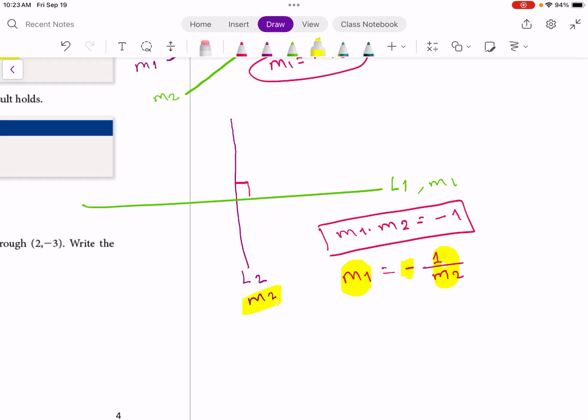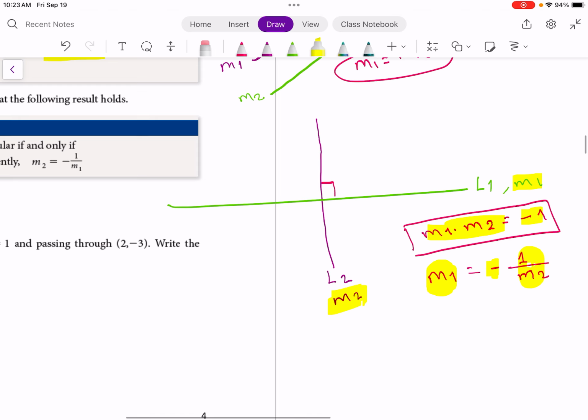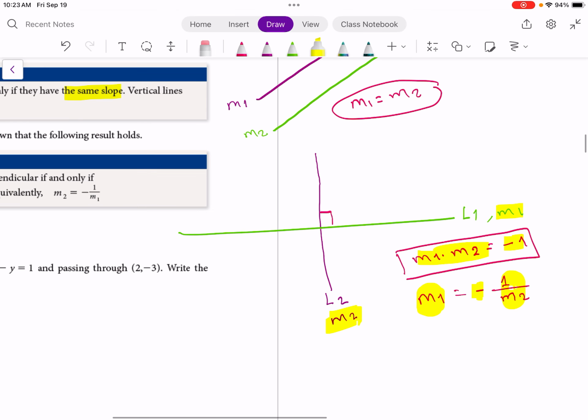Reciprocal means you switch the numerator and denominator. So this is one way to know. Or when you multiply the slopes of two lines which are perpendicular to each other, the product of the slopes is always equal to -1. So these are the properties of parallel lines and perpendicular lines.